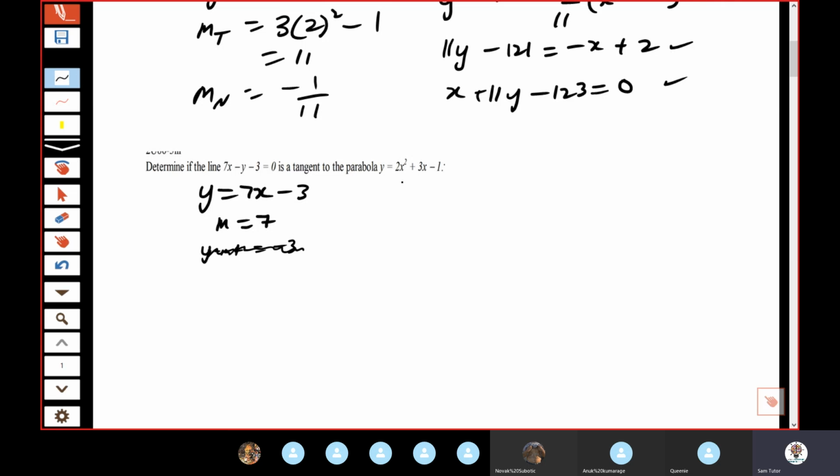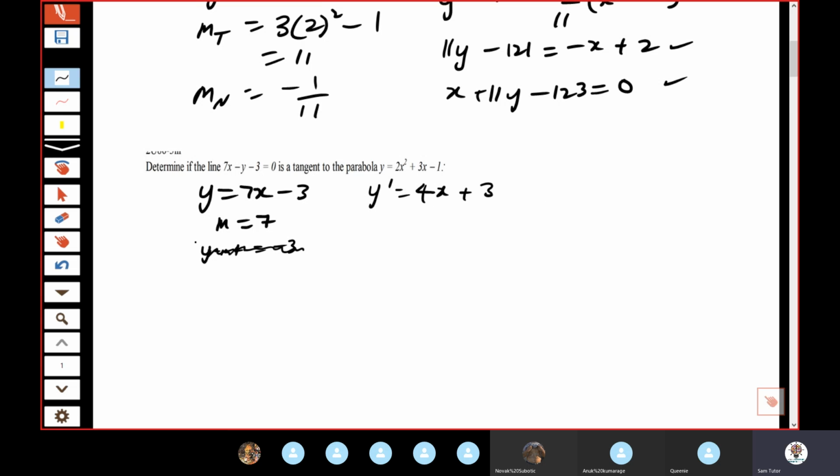Then to determine if this is a tangent to this parabola, we also know that the derivative of this must get me the gradient of 7 as well, which happens to be y dash equals 4x plus 3. Right? Now we know if this was to equal this, what must x equal to?